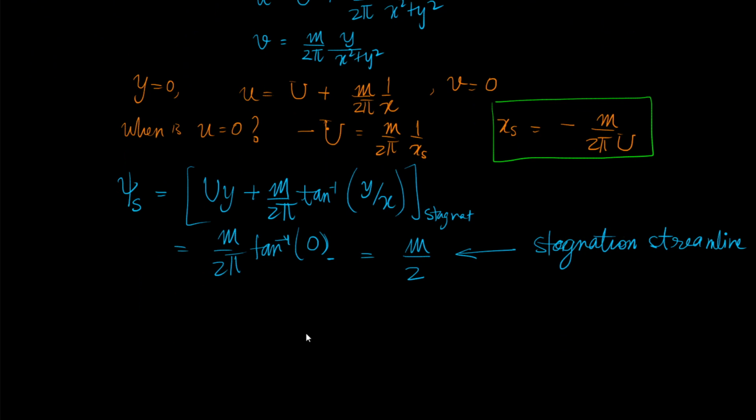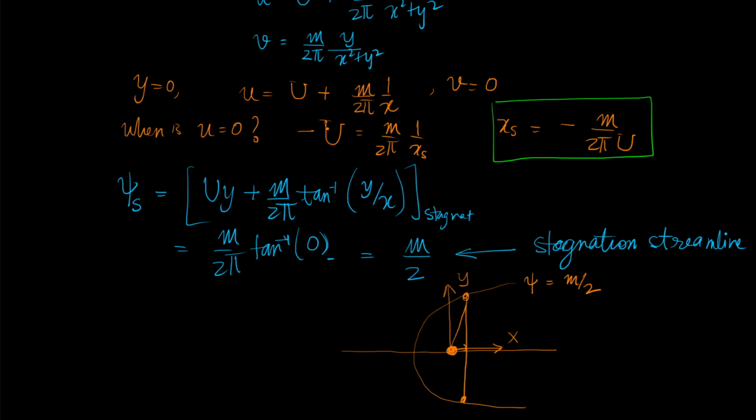So now that we know that this is the flow structure, this is the y-axis, this is the x-axis, this is the origin, and this is how the stagnation streamline would look like. The value of psi is equal to m upon 2. So now you can find out the span at any distance.